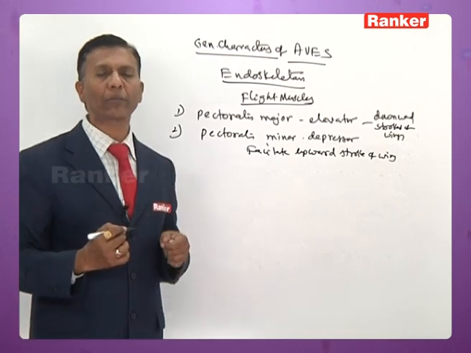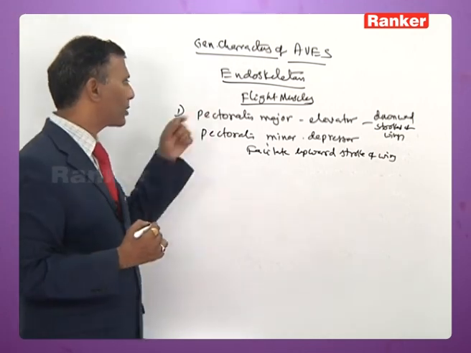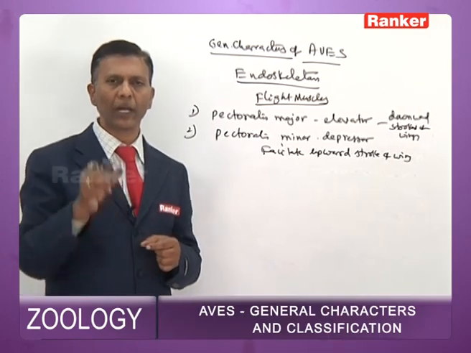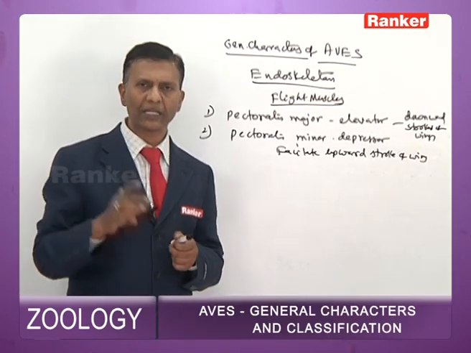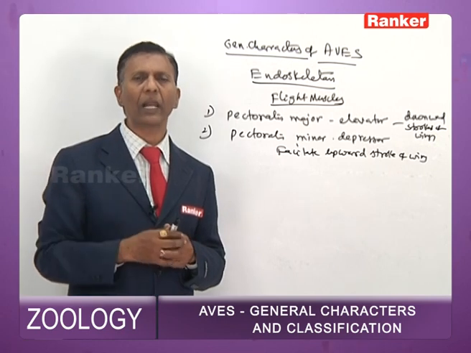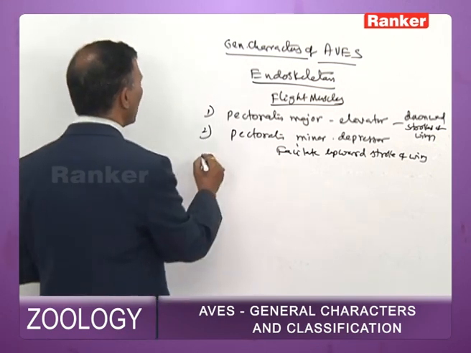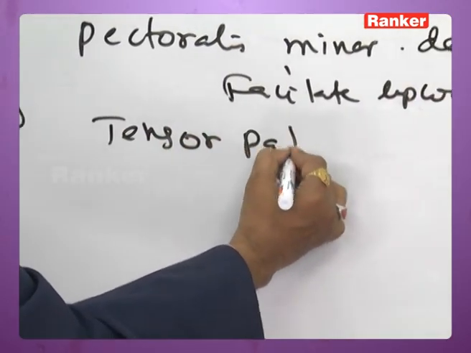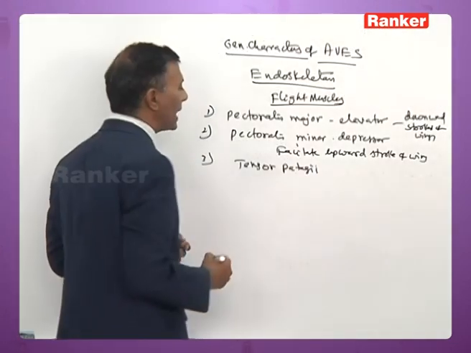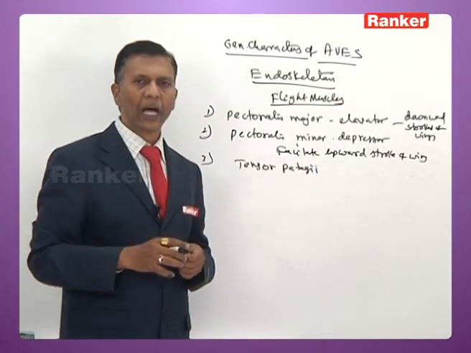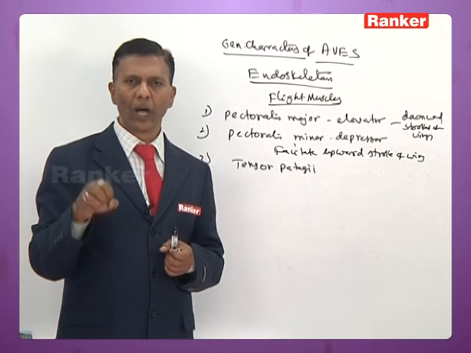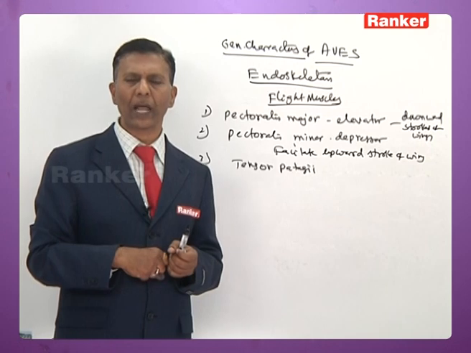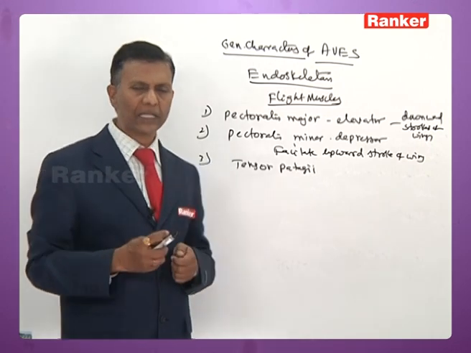Another important point from an exam point of view: pectoralis major passes through the foramen triosseum, which is formed between the two clavicles of the furcula and the pectoral girdle. Then there are the tensor patagii muscles, which help in clasping the twigs tight while resting on the branches of trees.